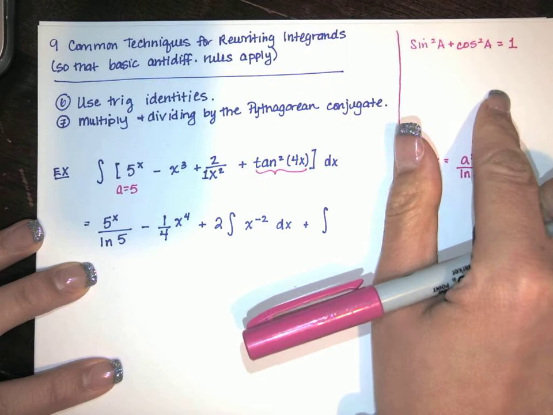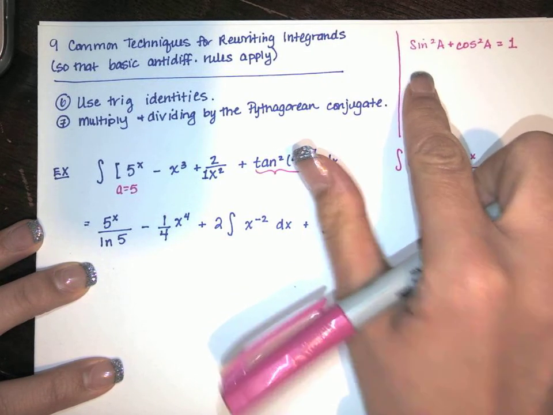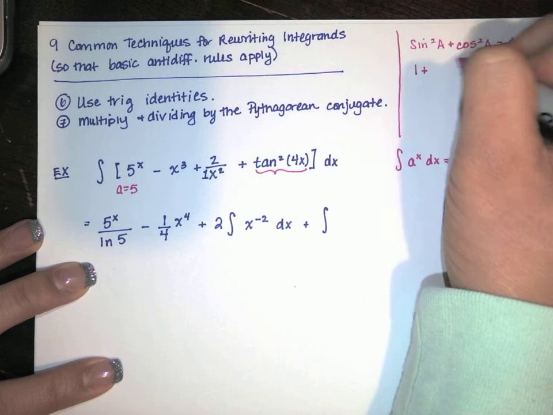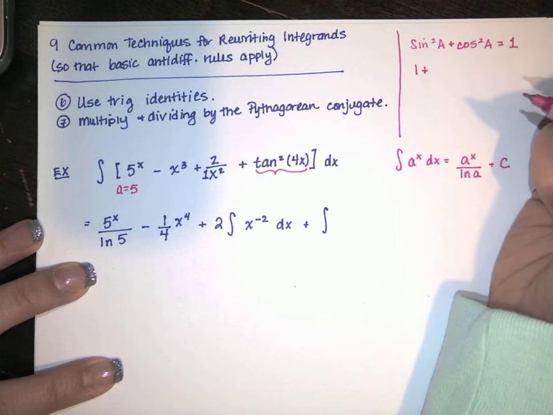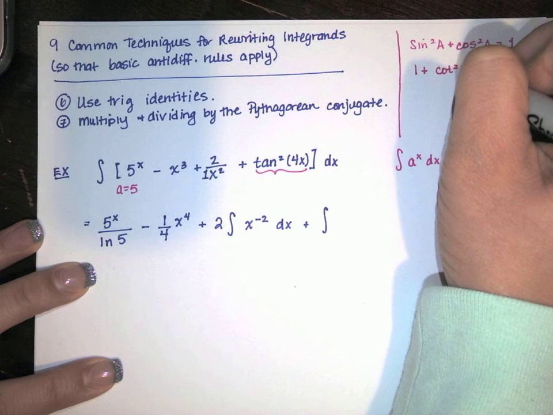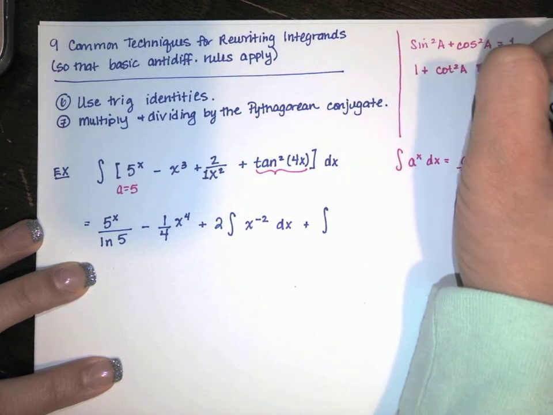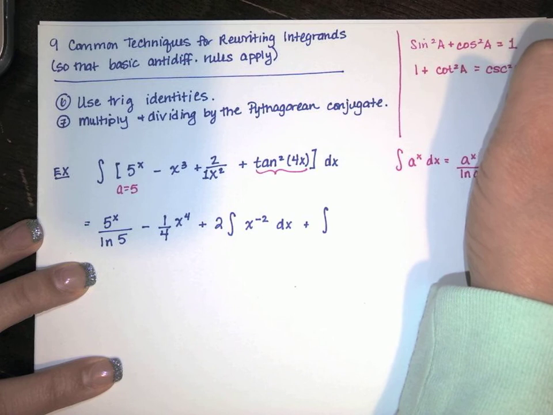If I take this and I divide it by sine squared, sine squared divided by sine squared is 1. Cosine squared over sine squared, cosine over sine is cotangent. When I square them both, that's going to be cotangent squared. And then 1 over sine squared is cosecant squared.